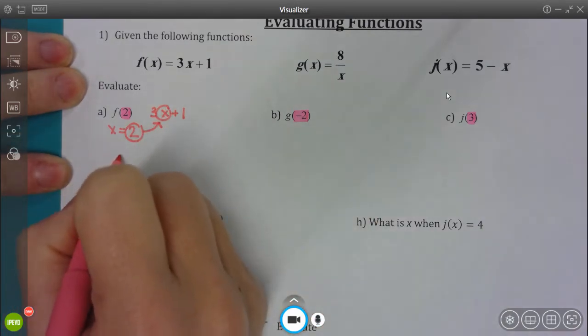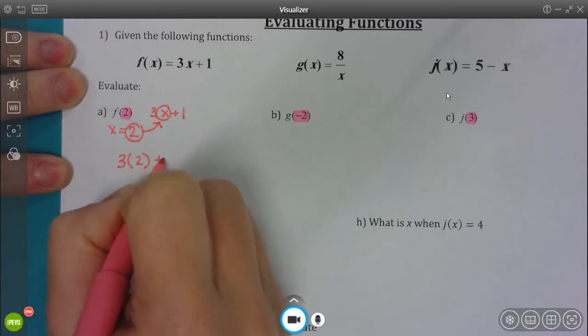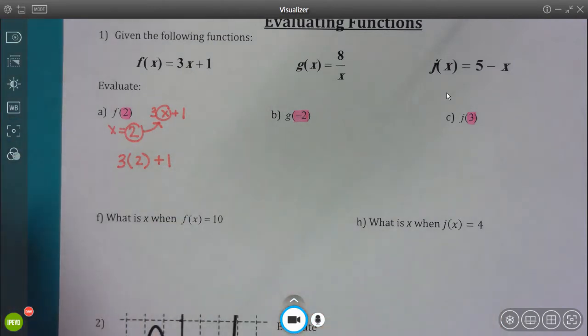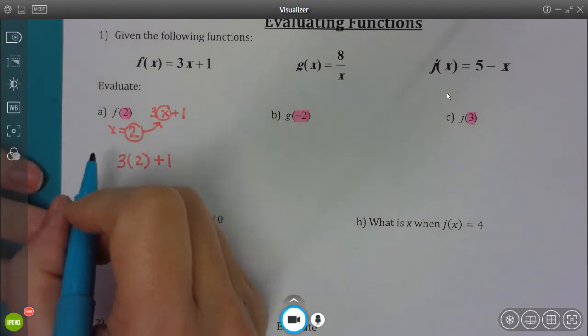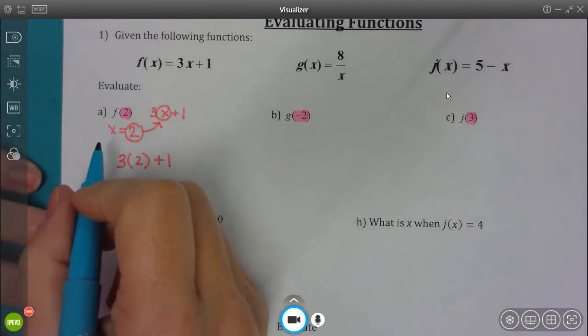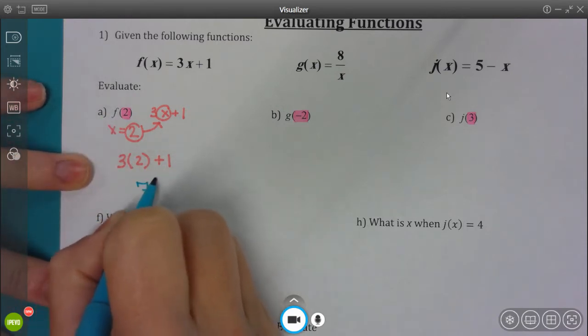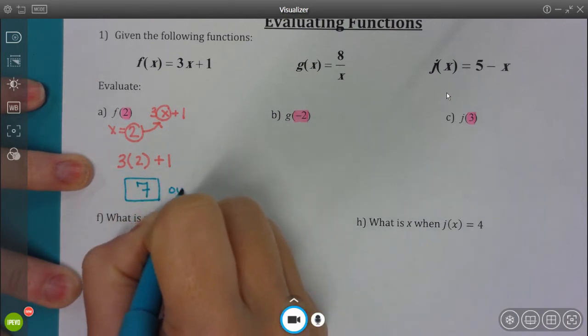So that will say 3 times 2 plus 1. So our final answer is going to be an output value. So our function f of x, when our x value is 2, gives us 7. And this is our output value.